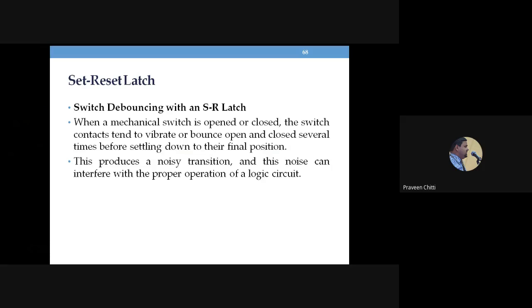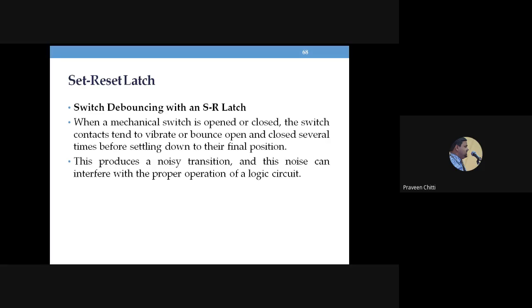When you use a mechanical switch or a mechanical key, and you press that particular switch or try to close it, because of the mechanical element involved, the switch contacts tend to vibrate or bounce, opening and closing several times before settling down to the final position.